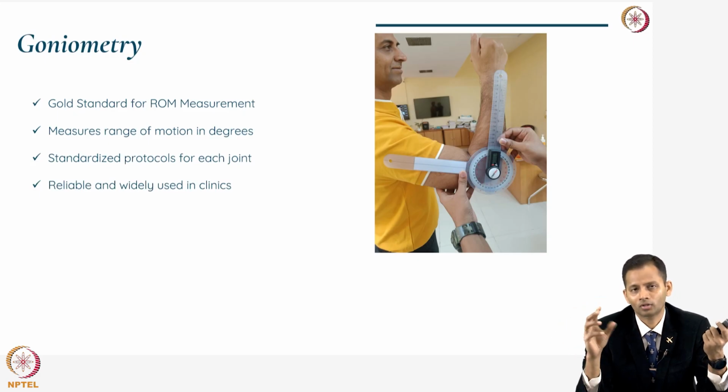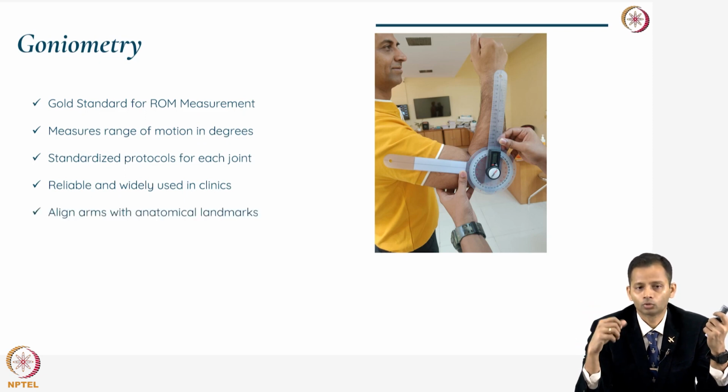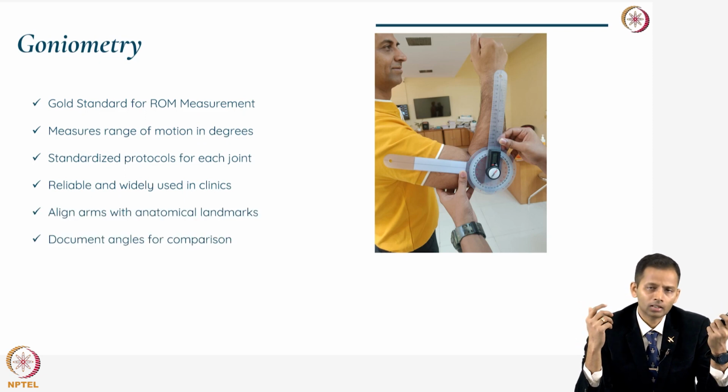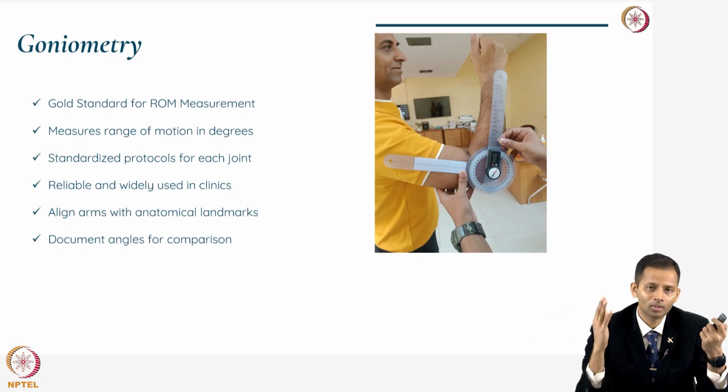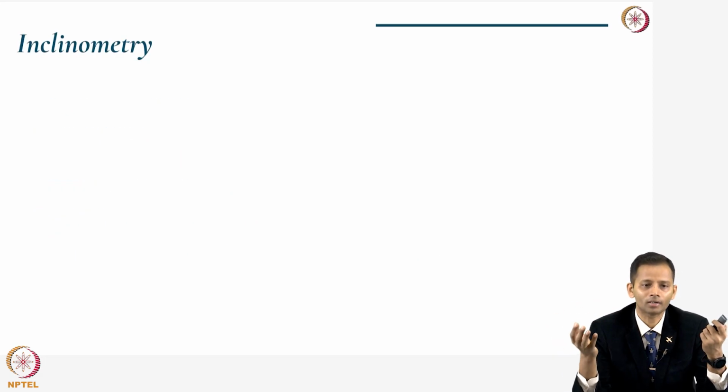This is an important tool to identify the range of motion measurement of a particular joint. It also helps in documenting and recording it, and then you can see the difference or the change that has happened over a period of time because of a particular treatment or an intervention.